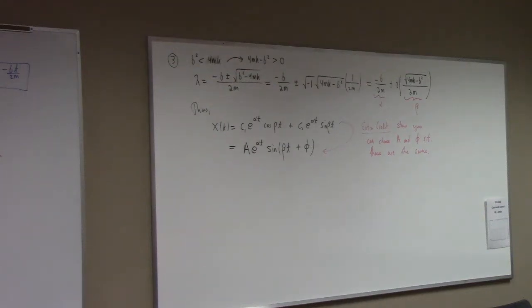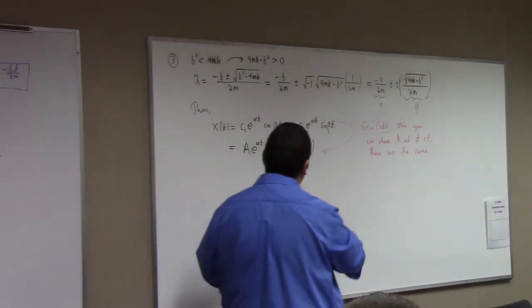There's a theorem at play here which says that the sum of a sine and a cosine, one weighted by C1, the other weighted by C2, in fact forms yet another sinusoid of the same angular frequency, in this case 1, but shifted by this phi, this phase angle.